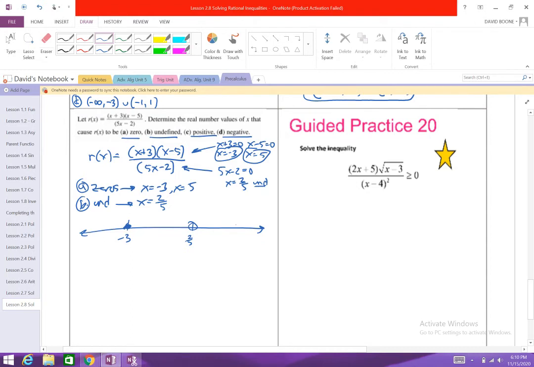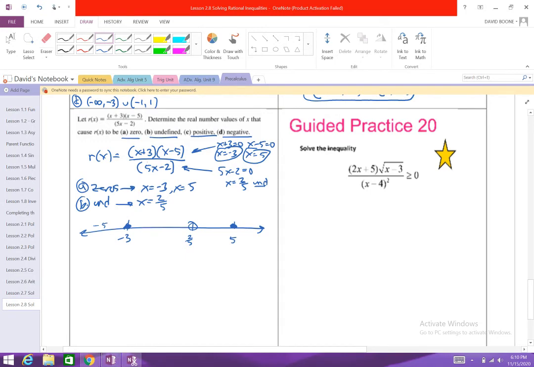And then also here at 5, let's arbitrarily put that there. And that can be a solid dot. That's where it's 0. So to find out where it's positive and negative, we're going to do those test points here. So I'll take a point here, let's go negative 5.